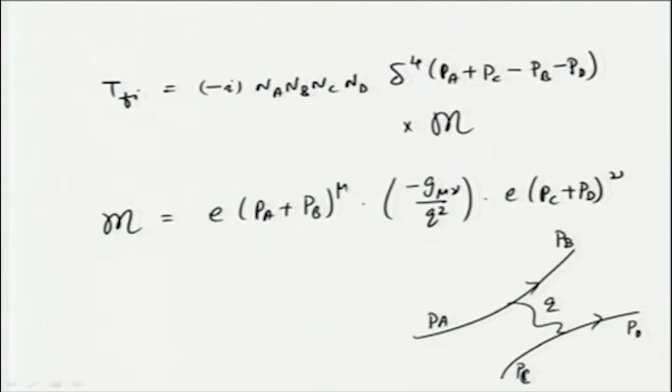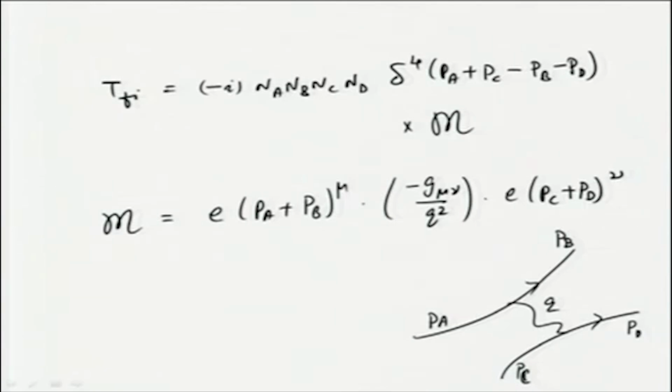Look at M. It is a Lorentz invariant quantity, as we said. This is the dot product between p_A + p_B and p_C + p_D, with the q squared, which anyway is invariant under Lorentz transformation, and e squared, which is again invariant under this.